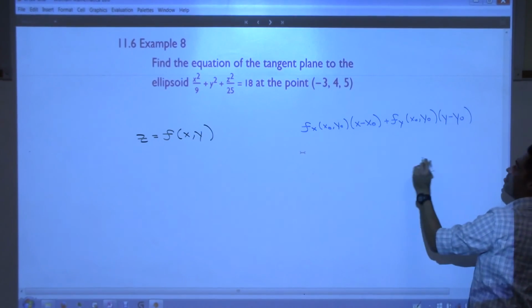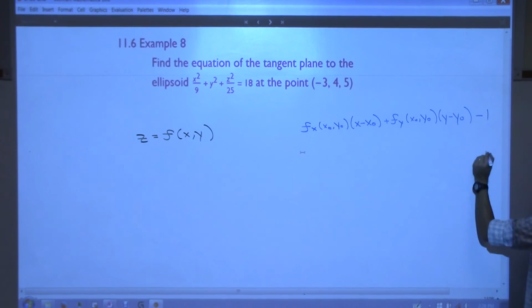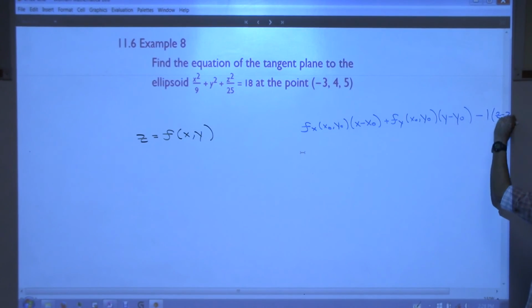This is the second time I've written this on the board today. And then it was minus 1, times z minus z naught, equals 0. That's what we said, right? I just told you that, and you believed it. And I told you it was always -1.